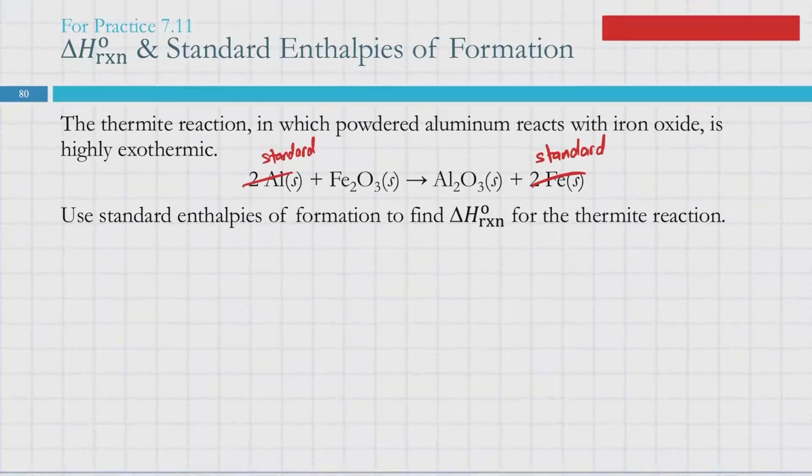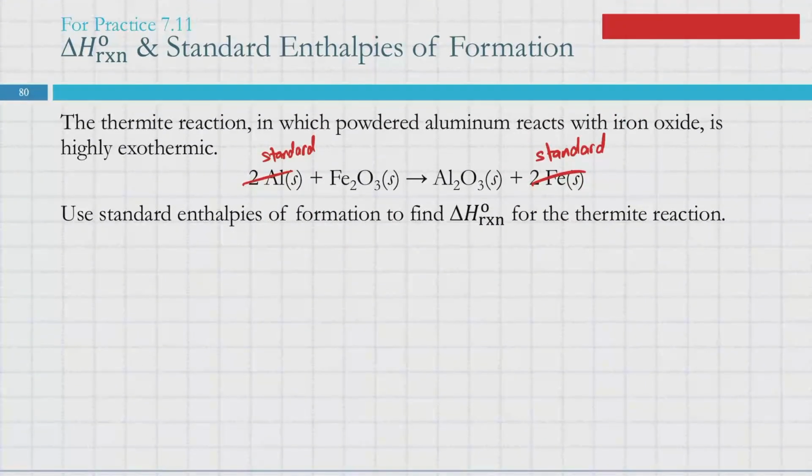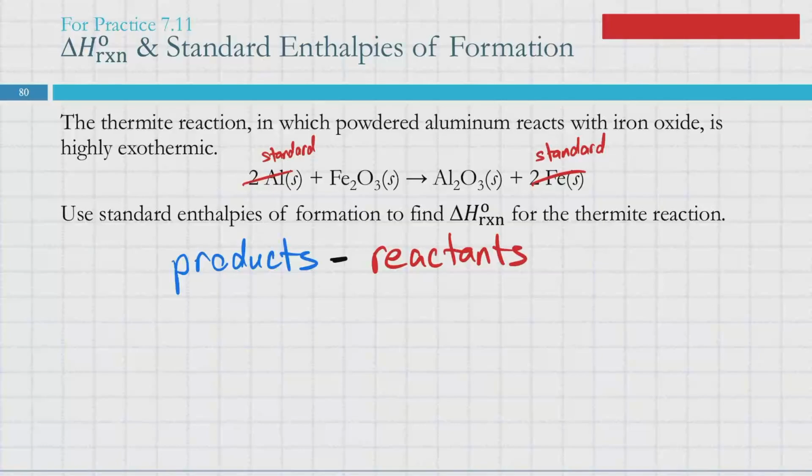Now we have to use those delta H values. What are we subtracting by what? Which side are we subtracting by which side? Products minus reactants. What is our product?